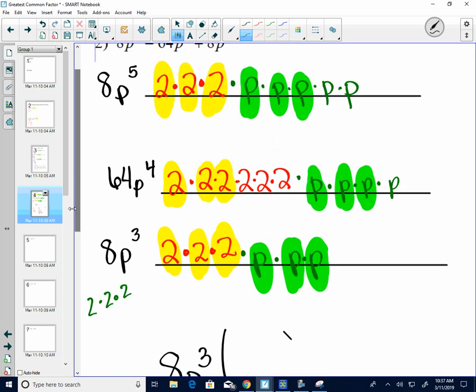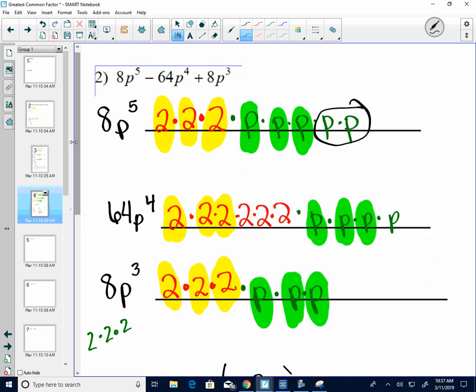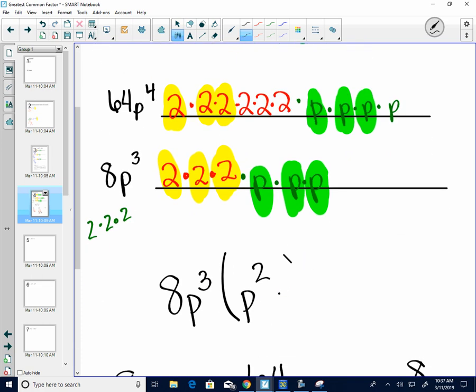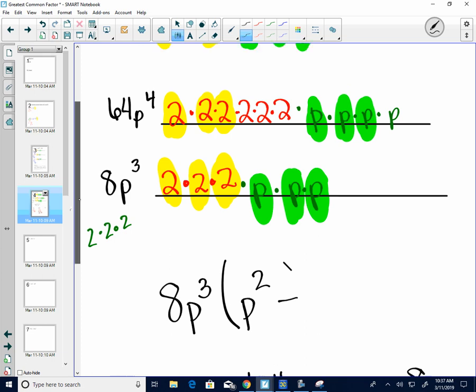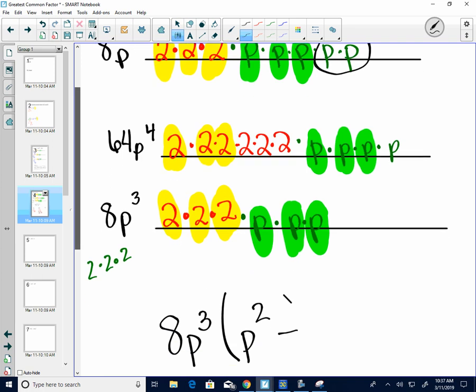So what does that leave me in the first term? Well, I've used everything but these 2 p's. So p times p is p squared. Then it was a minus sign in my original problem, so that's why I ignored the negative, just because I'm going to come back and put it right there. And so in my second term, I had 2 times 2 times 2, which was an 8.